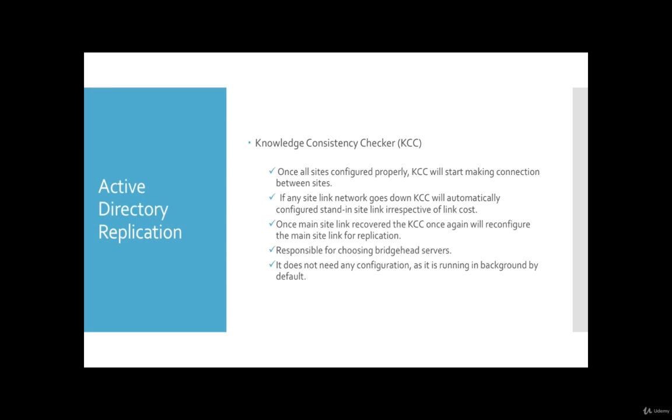If any site link network goes down, KCC will automatically configure a standby site link irrespective of link cost. Like I said before, once the main site link recovers, KCC will once again reconfigure the main site link for replication. KCC also ensures replication between two sites happens seamlessly without any problem.